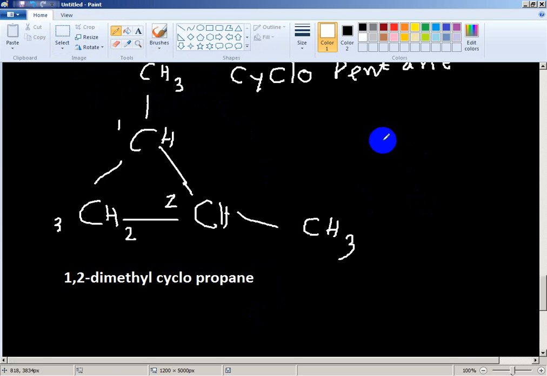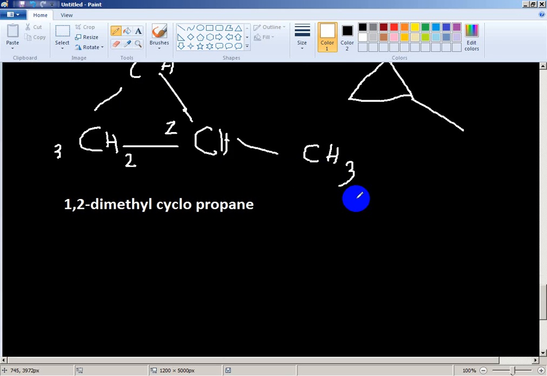This is 3. Here is 1 branch. In a line formula, the methyl and alkyl groups we don't need to write. We'll write only functional groups like chloro, hydroxy, these things.